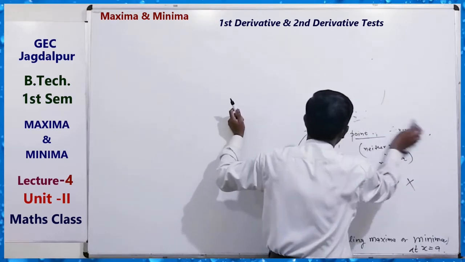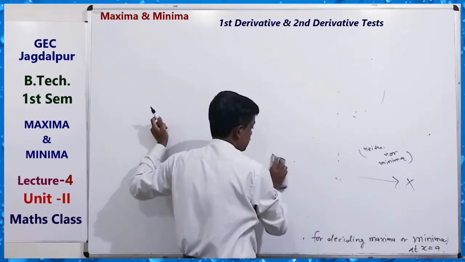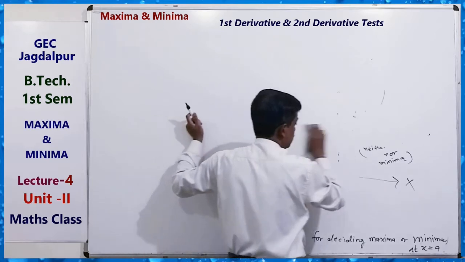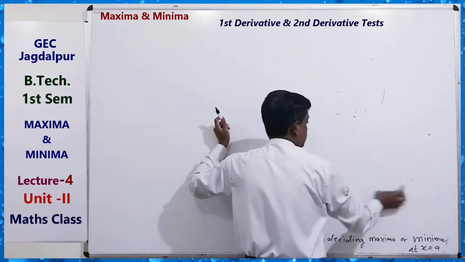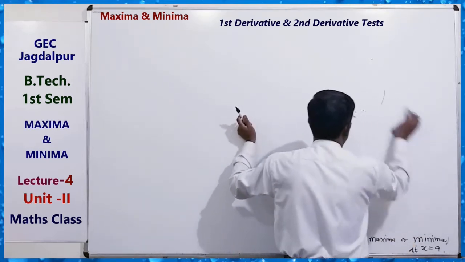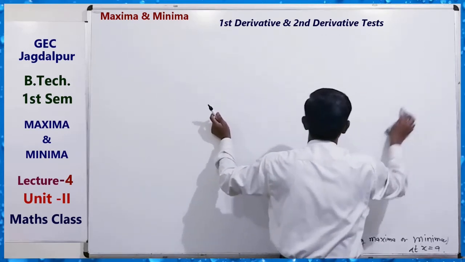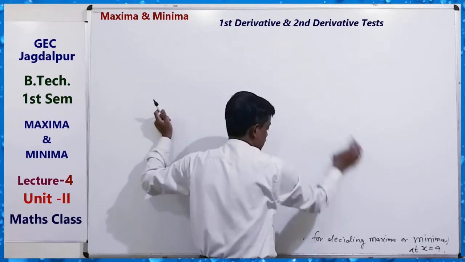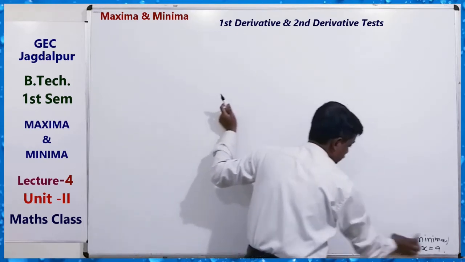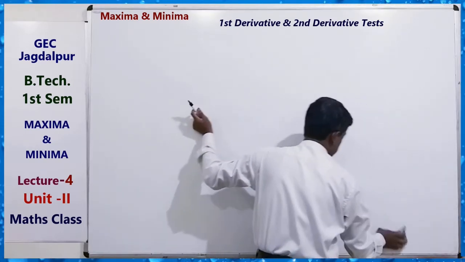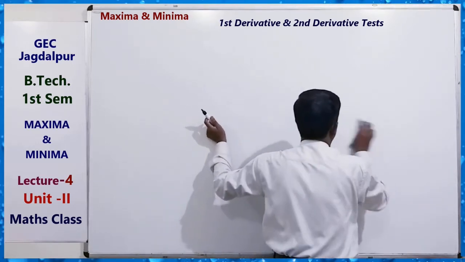Okay, if the second derivative is 0, then try the first derivative test. If we cannot decide, then find the third derivative. If the third derivative is not equal to 0, then you can say the point is a point of inflection, that is, there is no maxima, no minima.